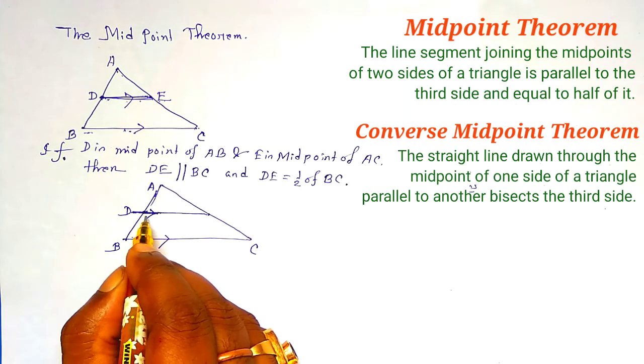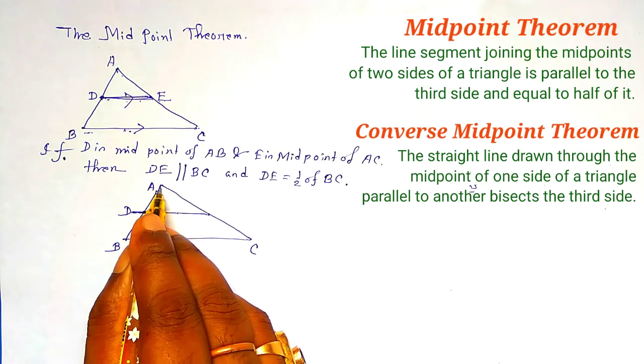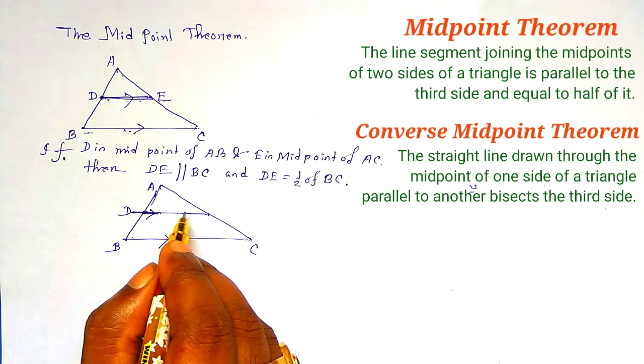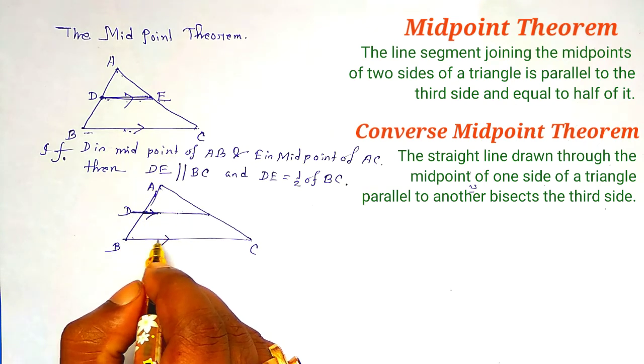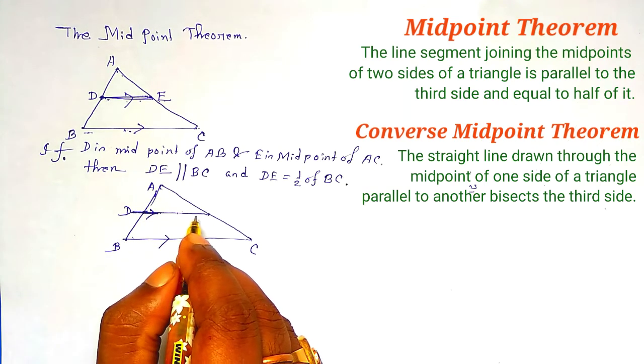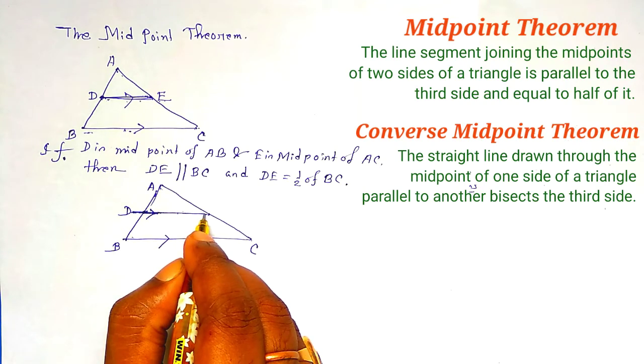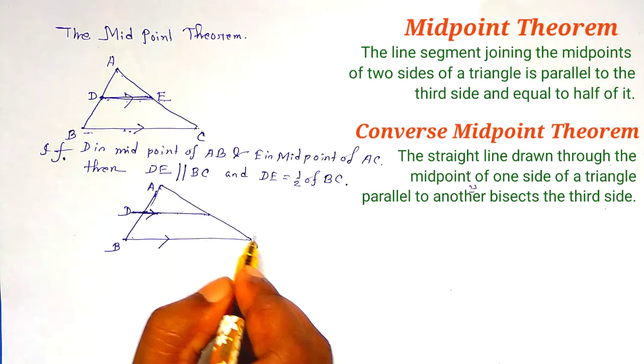It means this line bisects AC, means the line passing through D and parallel to BC always meets the midpoint of AC.